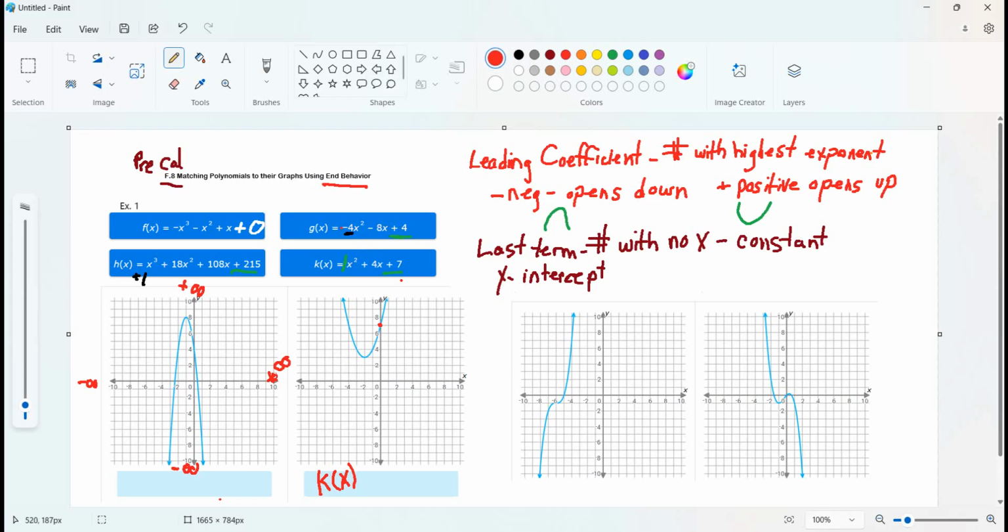For this one, we know that it's a negative leading coefficient, so it's going to open down, and it hits the y-axis at +4. Looking at them, this one hits at +4, and it also opens down. So that lets us know that these match. So this graph is g of x.